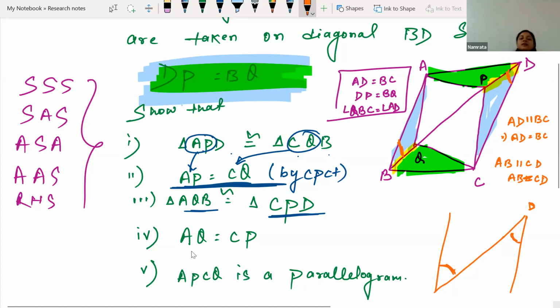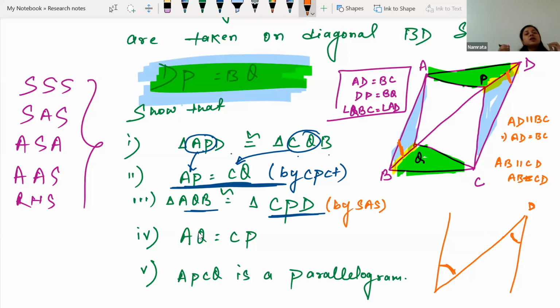So we get that these two triangles are congruent again by side angle side congruency criteria. Again I am repeating what information we have used. We have used that opposite sides of a parallelogram are equal. We have also used that opposite sides of a parallelogram are parallel.